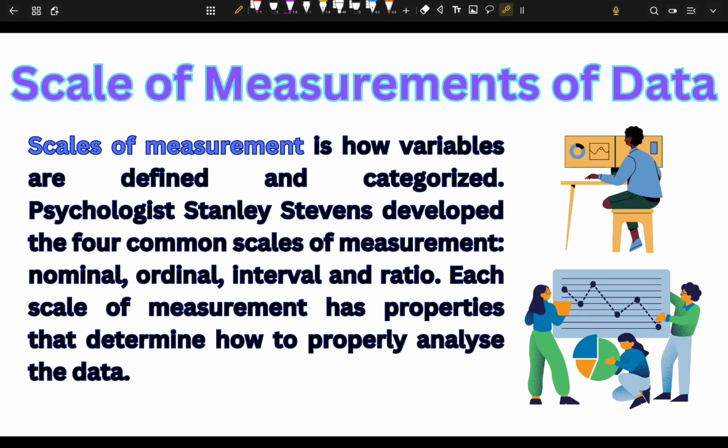Ibig sabihin, yung mga data natin, kinakategorize pa natin yan. Nahati nga po sila sa apat na scales of measurement. So we have the nominal, ordinal, interval, and ratio. So each scale of measurement has properties that determine how to properly analyze yung ating mga data.